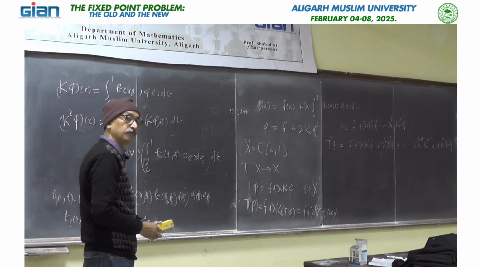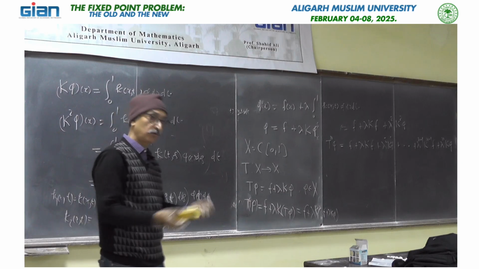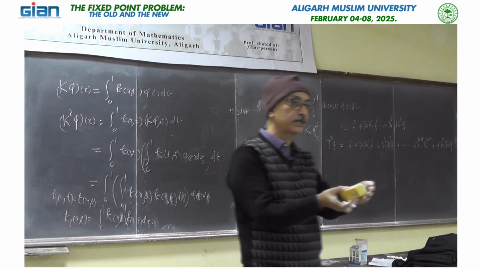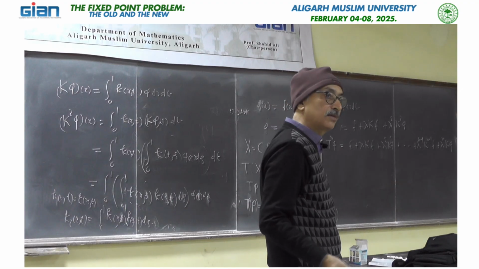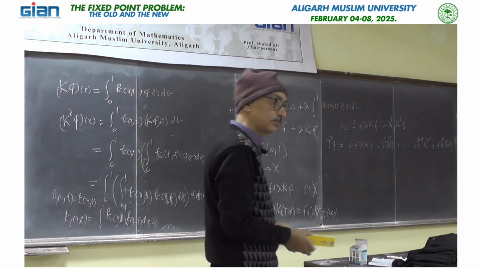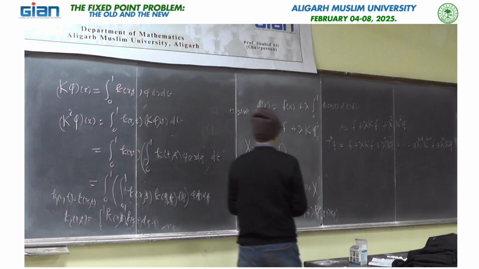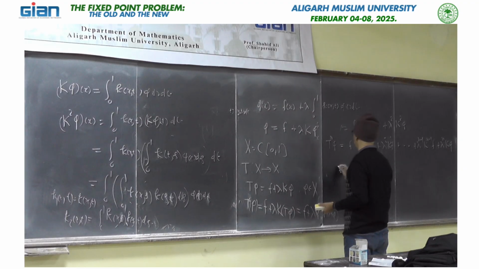Continuing this way, since K squared is an integral operator, again you take K with K squared, repeating the same process, and it will also be an integral operator, and you then have these kernels.